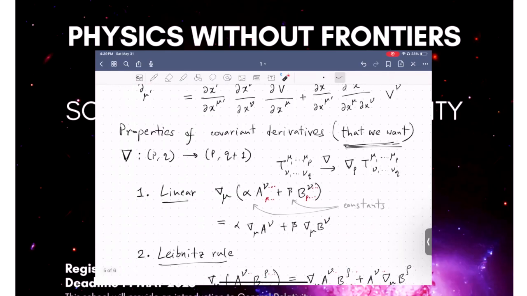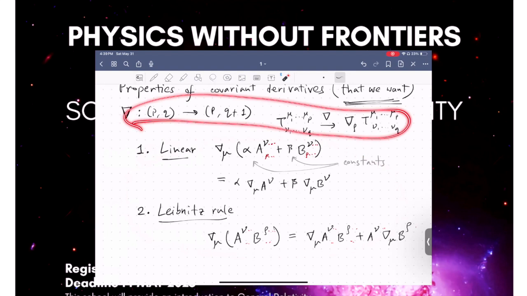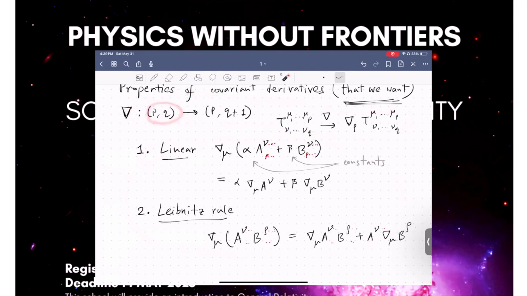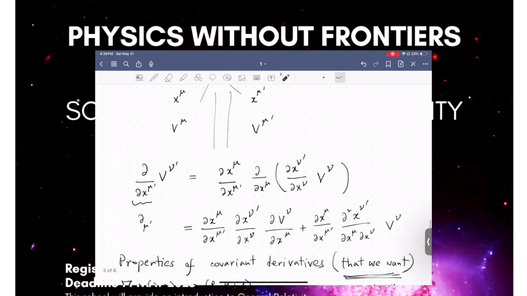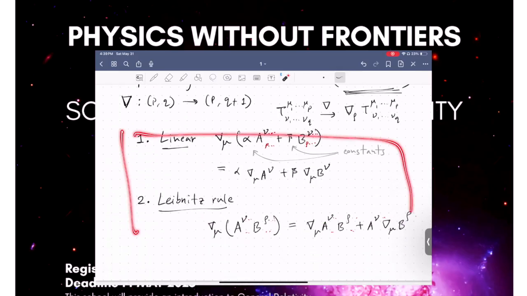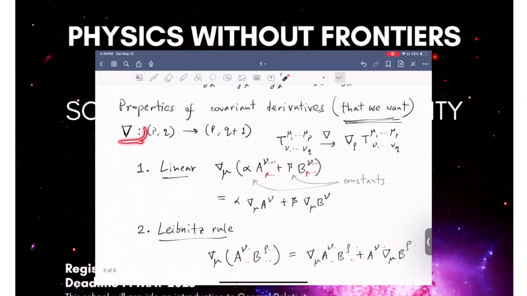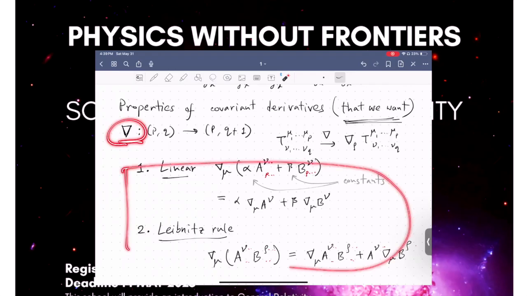Because notice that the partial derivative will satisfy both of these properties. Of course, it doesn't really produce another tensor if you give it a (p,q) tensor, because of its failure to transform like a tensor. But it does satisfy these properties. So it doesn't really answer our question whether a tensorial operation satisfying these properties exists.